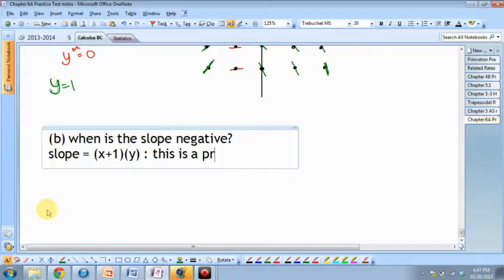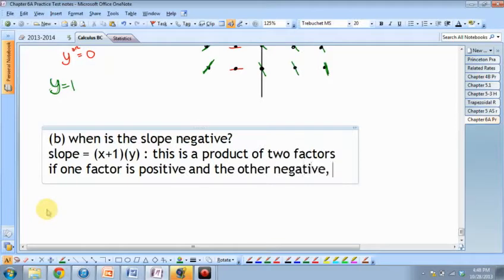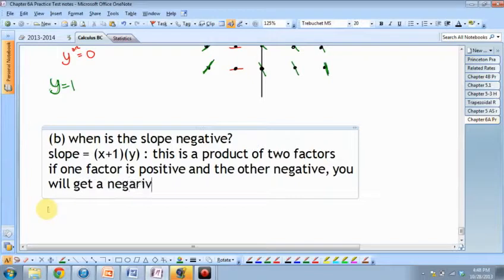This is a product of two factors. If one factor is positive and the other is negative, you will get a negative slope. Does everyone kind of get that? Negative times positive is negative? Yes. Okay. So what are the two factors?